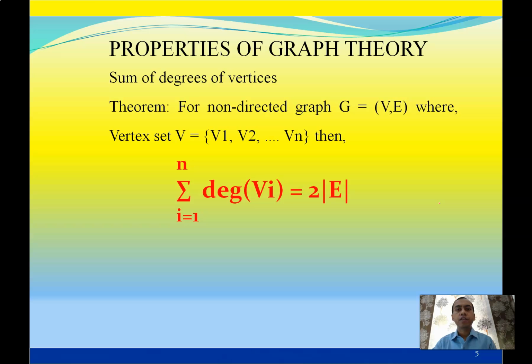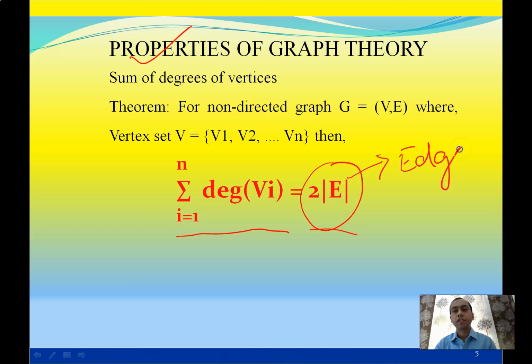Next, properties of the graph. For the property, you have to remember that the sum of degrees of a graph is 2e. Sigma of degree of vi equals 2e, where e is the number of edges of a graph.